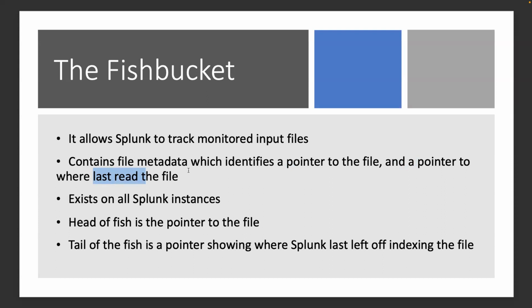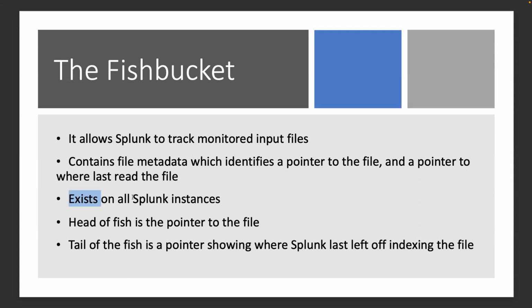You can refresh it, you can delete it, but it exists in all Splunk instances, forwarders, full instances of Splunk. Every instance has the functionality of the fish bucket. That's why Splunk advises that if you can send the data to a file and monitor that file, do it, because then you have the safety of the fish bucket, where you would not lose data.